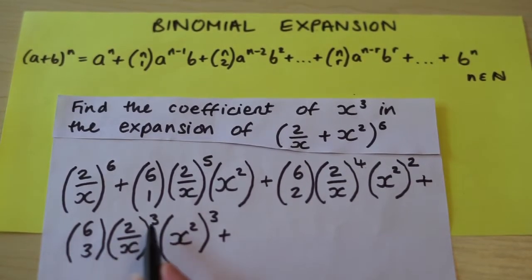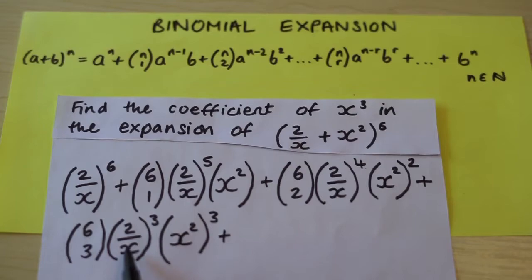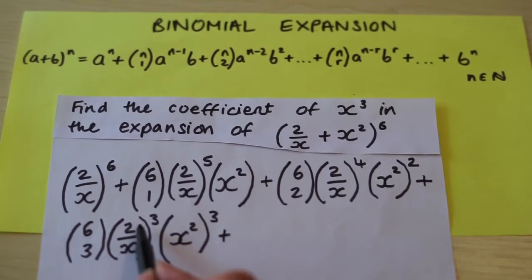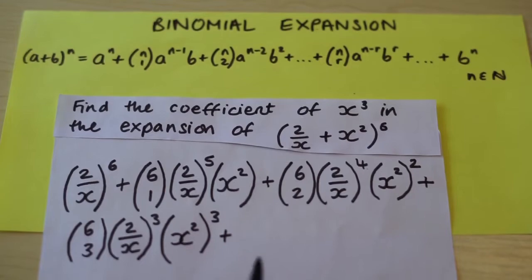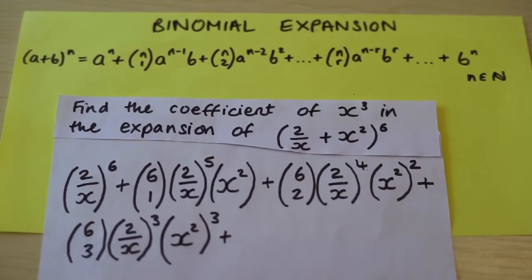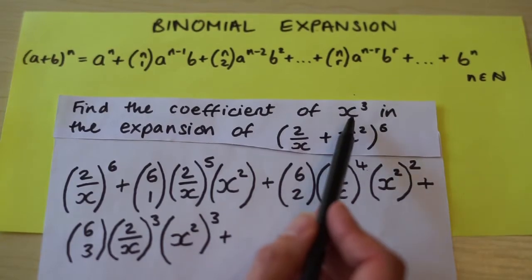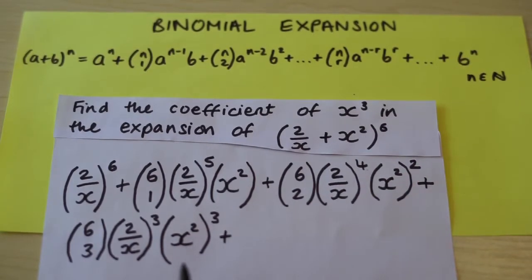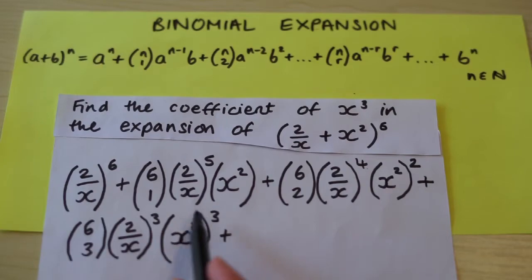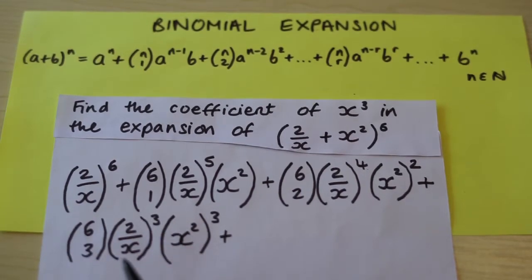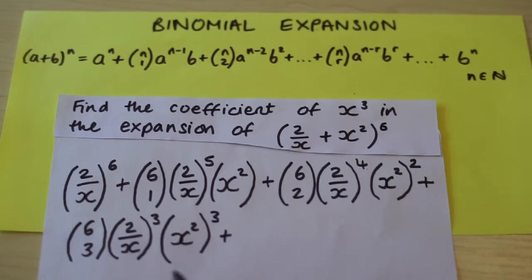Have a quick glance at this. The denominator is to the power 3, and this term here, x squared to the power 3, is going to be x to the power 6. So overall, we can see that this is the term that's going to lead to x cubed. This is the one that we need to be focusing on to get the coefficient that we want.